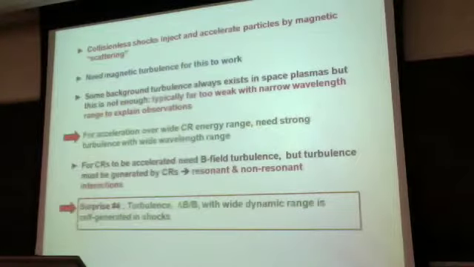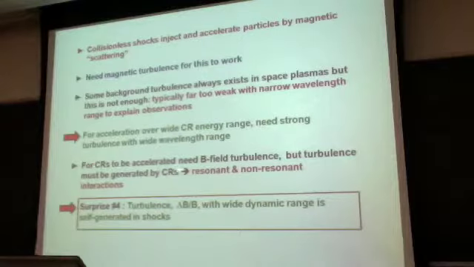Okay. So in order for this to happen, you have to have magnetic turbulence. There's always some background magnetic turbulence, we know that, but this is far too weak and normally has a narrow wavelength range. You can't explain acceleration of cosmic rays to high energies with background turbulence. In order for acceleration over a wide range, you need to produce this turbulence.